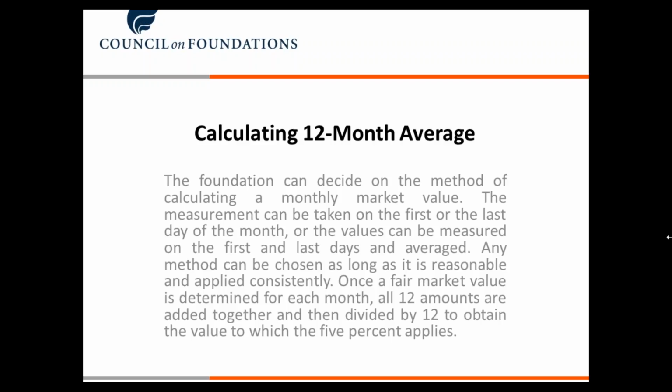But it has to be a reasonable method, and it has to be used consistently. So you figure out how much your investment assets are worth each month, and then you take all the 12 months and add them together and divide by 12, and that is the annual value of your investment assets, and that's the value to which the 5% is going to be applied.